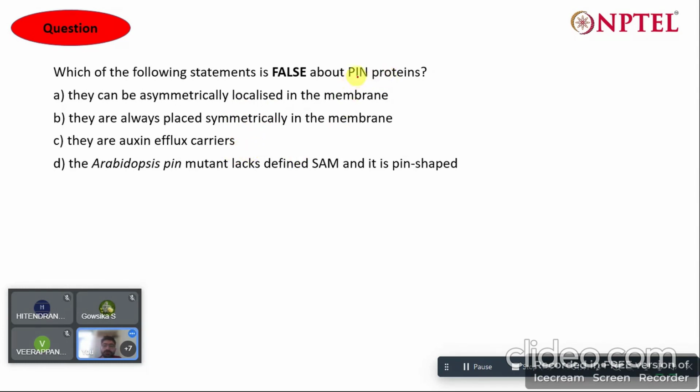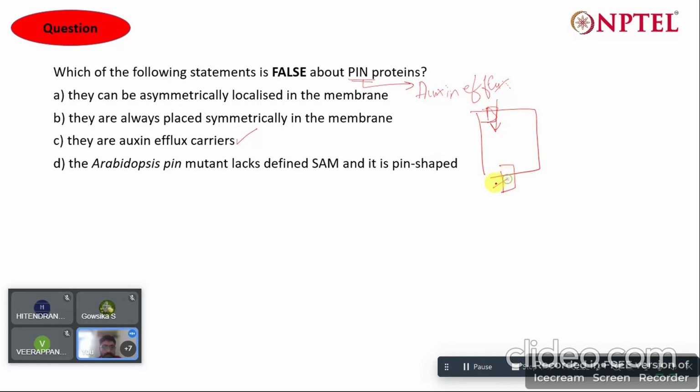First, to solve this question, we must know where the pin proteins are involved in the signaling pathway. Pin proteins are mainly involved in auxin efflux, so this is correct. Suppose this is the cell: auxin, that is IAA, enters from this protein and then it has to form a polar transport.